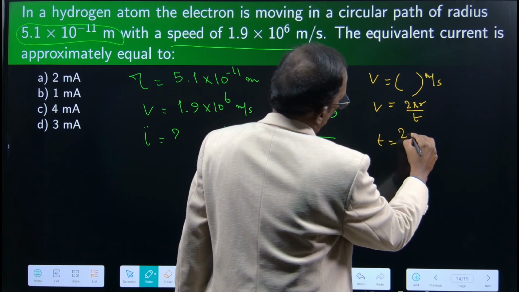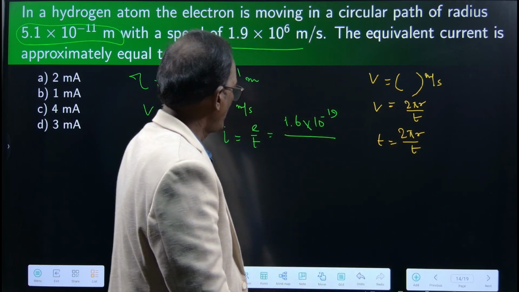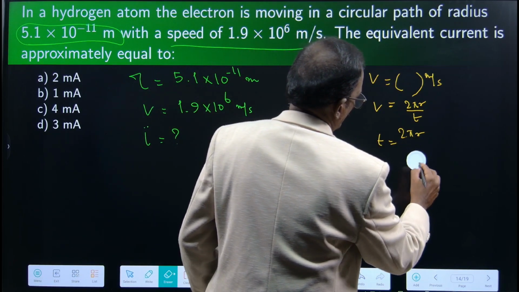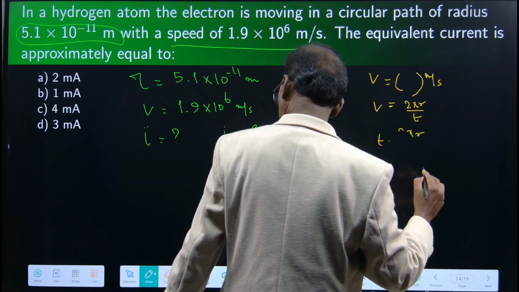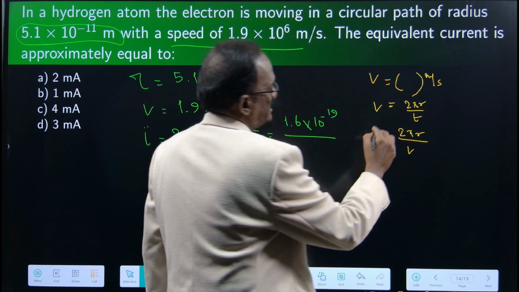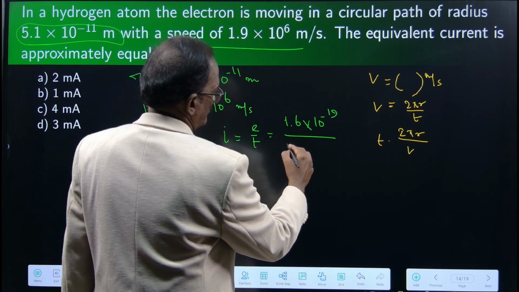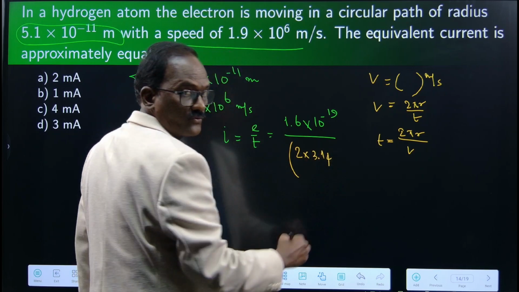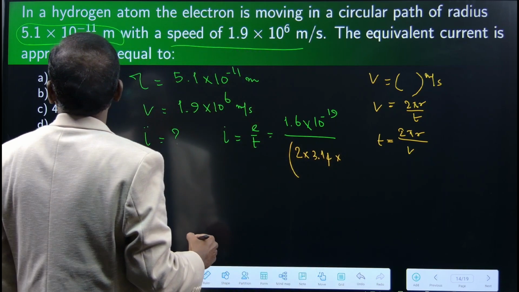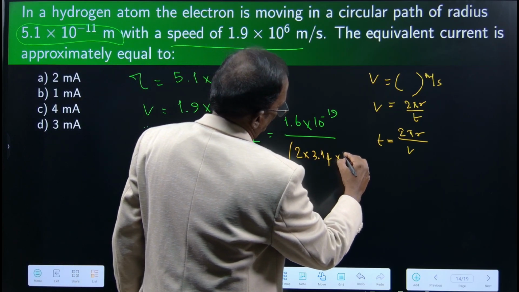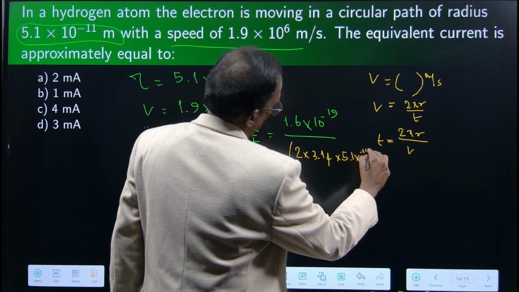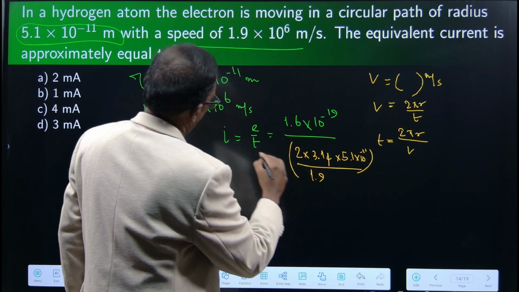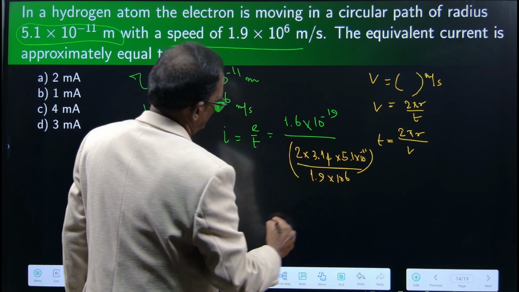So T is equal to 2 pi r by V. T is equal to 2 pi r by V. That is 2 into 3.14 into r value 5.1 × 10^-11, divided by V, which is 1.9 × 10^6.